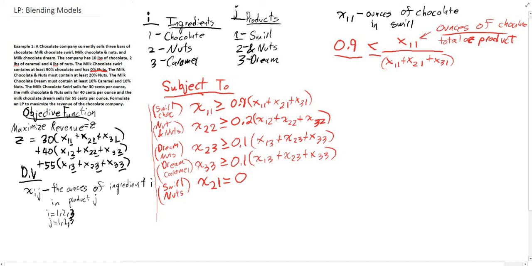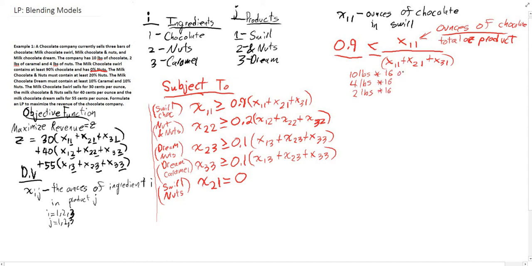Now we need to go through and get the revenue per ounce. We know that we have 10 pounds of chocolate, 4 pounds of nuts, and 2 pounds of caramel. We also know that there are 16 ounces in a pound, so we need to multiply by 16.